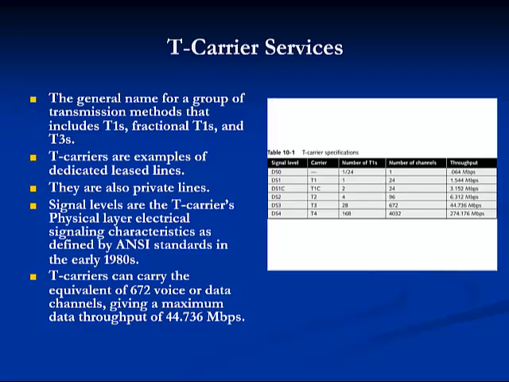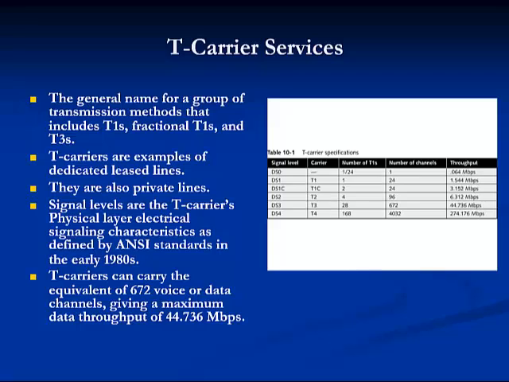T-carriers refer to any transmission method that uses the multiplexing and digitizing techniques first developed by AT&T in 1957 to digitize voice signals. The most popular T-carriers for business use are T1s, with a capacity of 1.544 megabits per second, and T3s, with a capacity of 45 megabits per second.